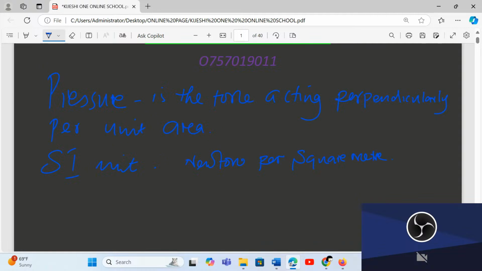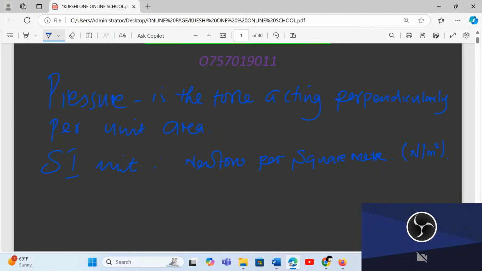In an exam, when you're asked about things to do with measuring, or you're asked to state the SI unit of something, you're supposed to state it in words, not in symbols. So the symbol for this one is N/m², Newton per square meter.